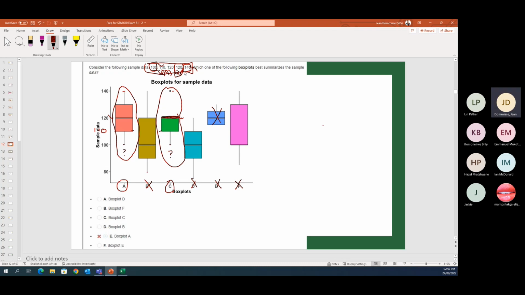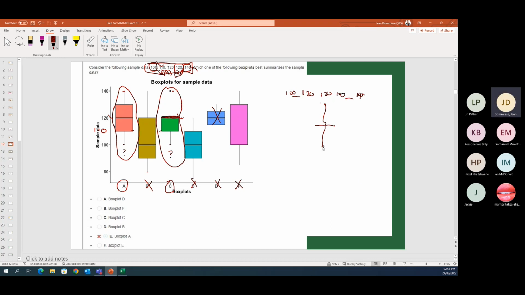And Lynn, before we get to your question, if your number set was 100, 120, 120, 120, 140, what would have happened is you would have had the bar like that, and it would have been connected, because those two are then not outliers, since both are 20 away.